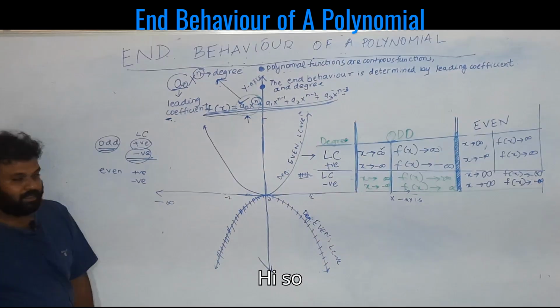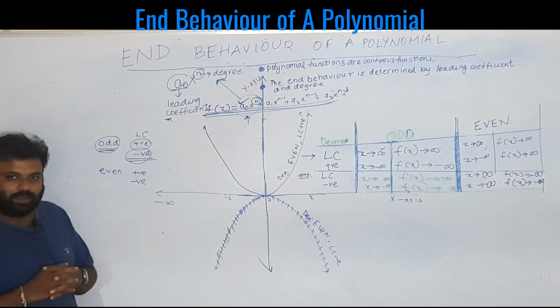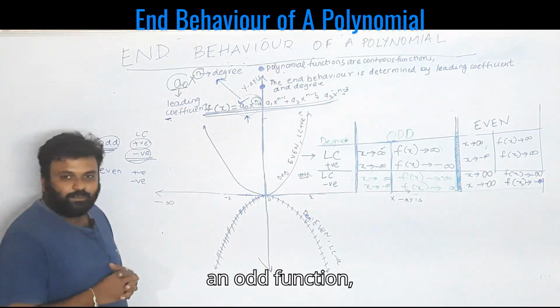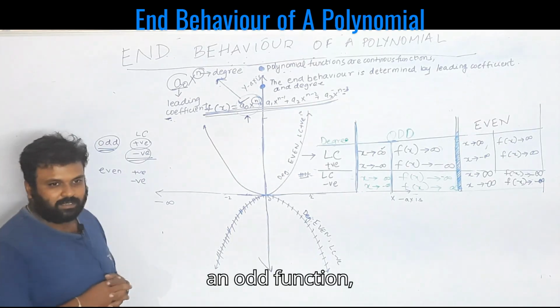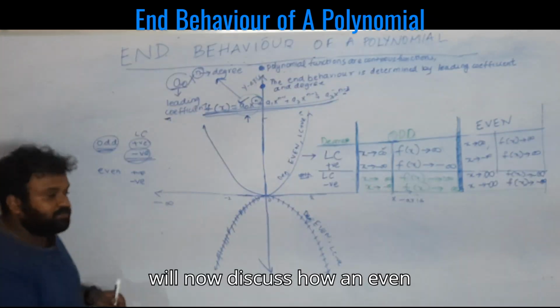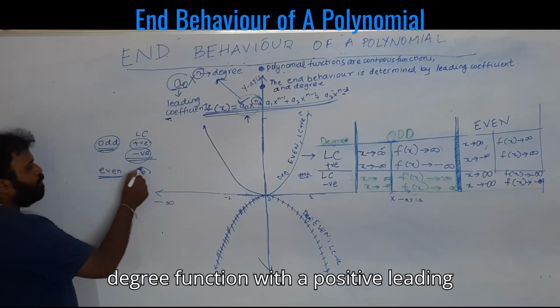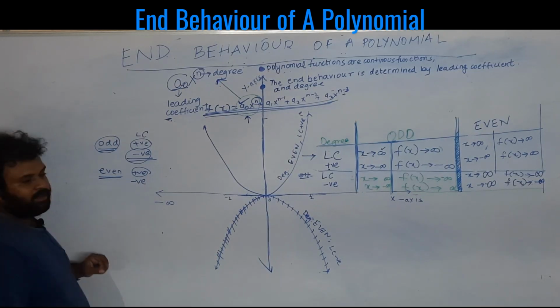So till now we discussed how an odd degree function behaves. We will now discuss how an even degree function with a positive leading coefficient behaves.